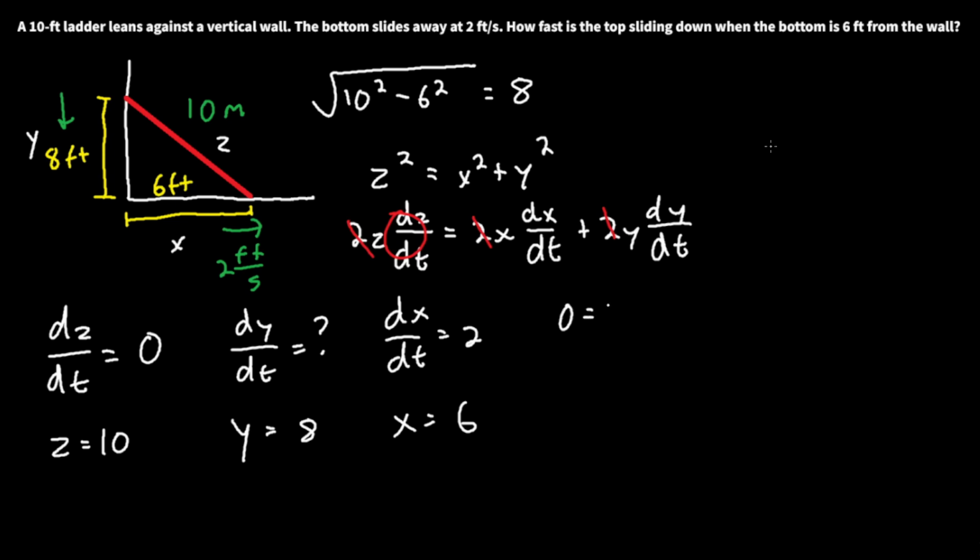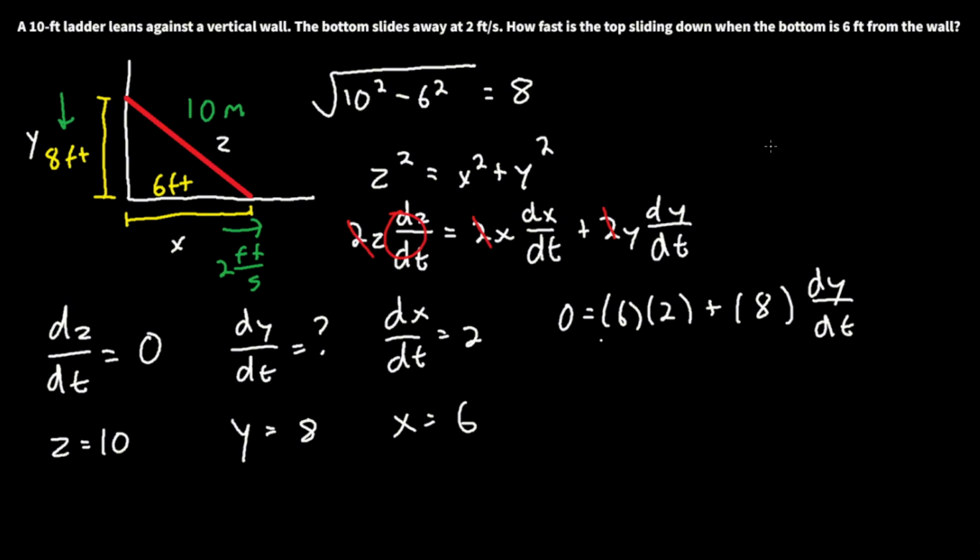So we get 0 is equal to x times dx over dt plus y times dy over dt. I'm just going to write down all the values. So x is 6, dx over dt is 2, y is 8, and dy over dt is unknown.